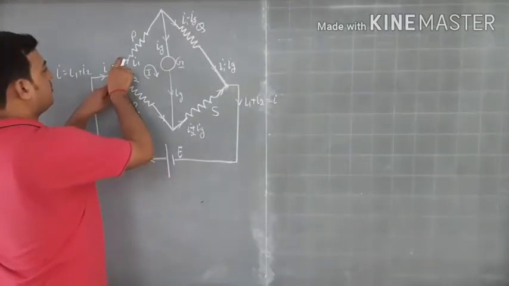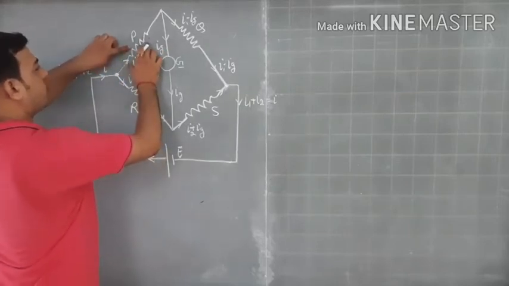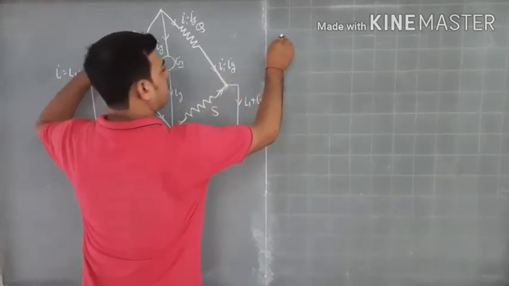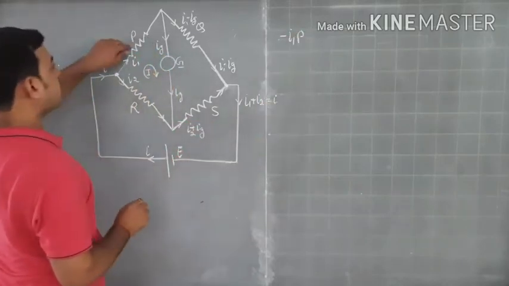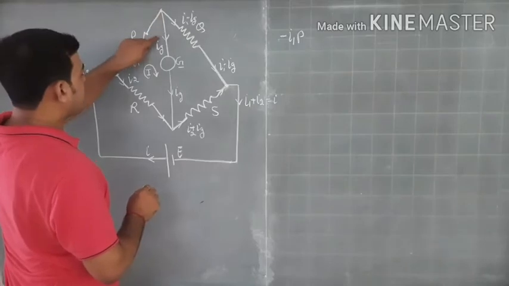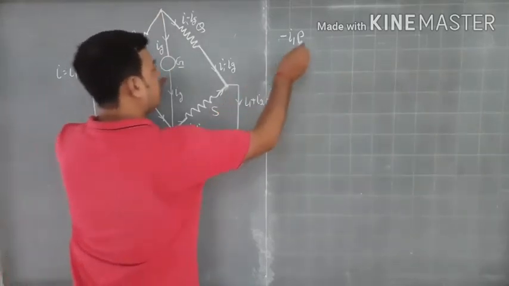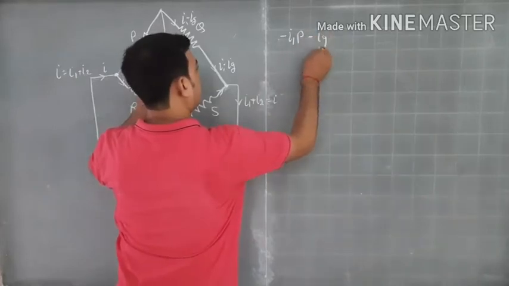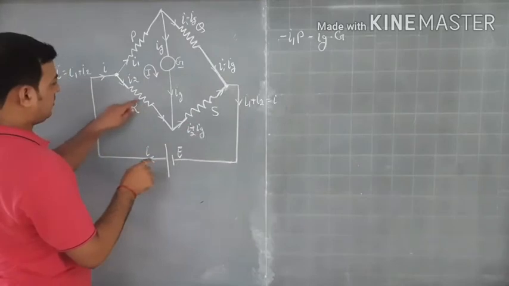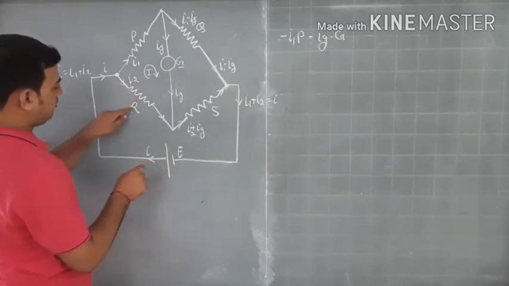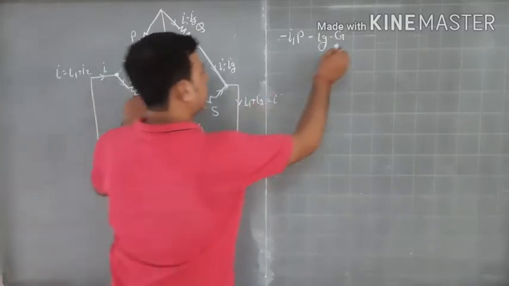If I am going in the direction of current, this is the resistor, so the voltage drop will be minus I1 into P. Now again there is a resistance of G and Ig, and I am moving in the direction of current, so it will be minus Ig into G, and here the voltage drop will be I2 into R, but as we are moving opposite to the direction of current, it will be positive.